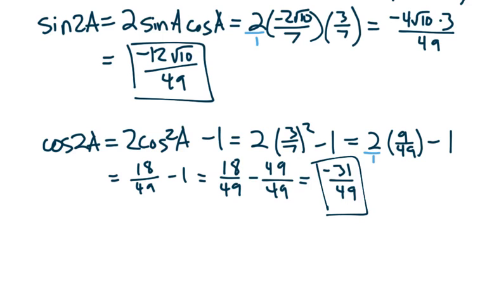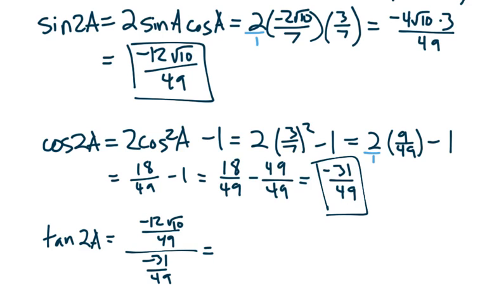Tangent. We still have tangent. Tangent of 2A is still best described as sine over cosine. So we get this, we get a compound fraction, and we simplify it. We take the numerator times the reciprocal of the denominator. And we see that there are common factors of 49.